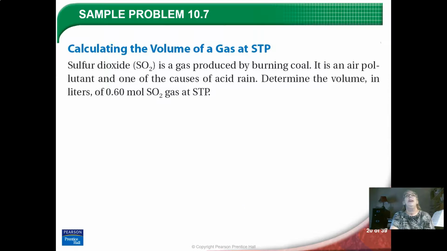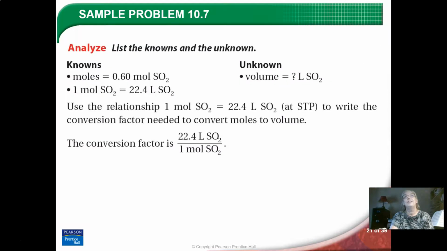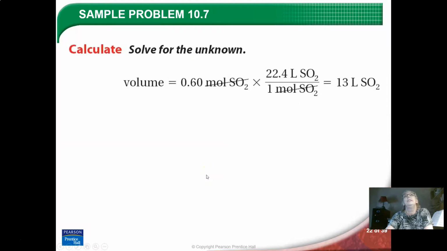Okay, so here's a problem. We have this many moles of a gas at STP. Doesn't matter what gas it is. All gases at STP occupy that 22.4 liters. So I have that many moles. I know this relationship, so I can use that conversion factor. So that many moles, 2 sig figs, and every mole at STP is 22.4 liters, so I can take the moles, cancel out, and I can come up with liters, 2 sig figs.